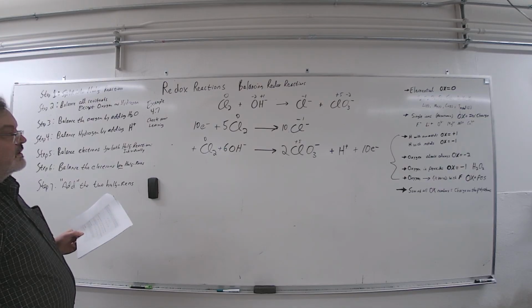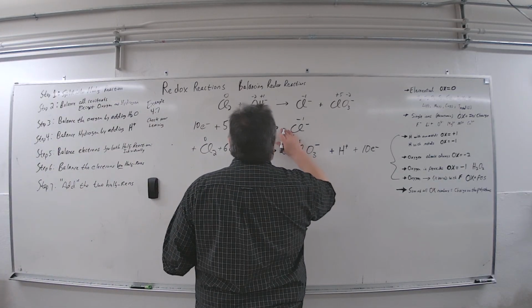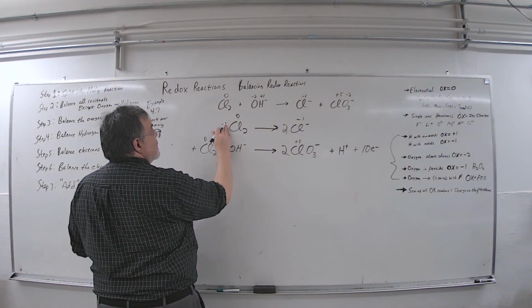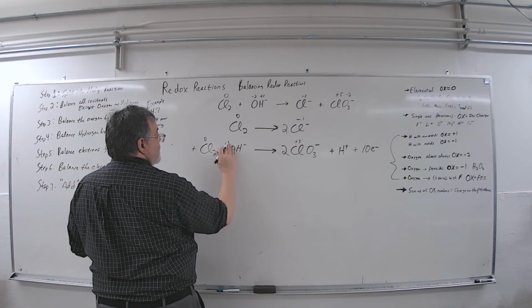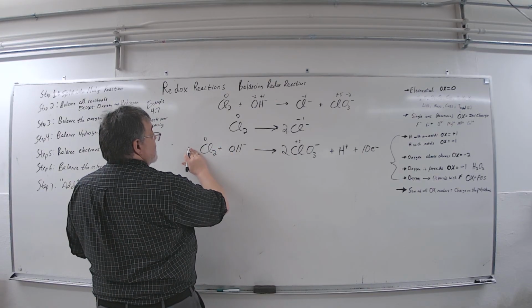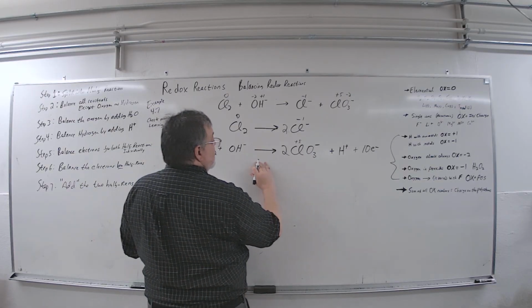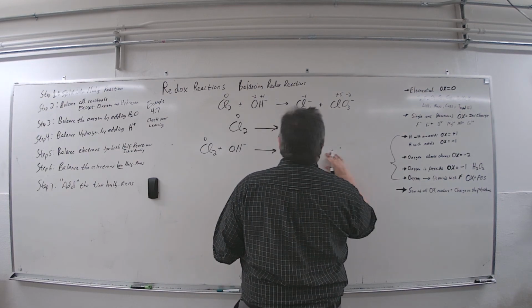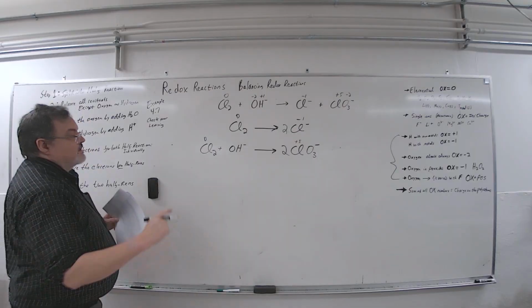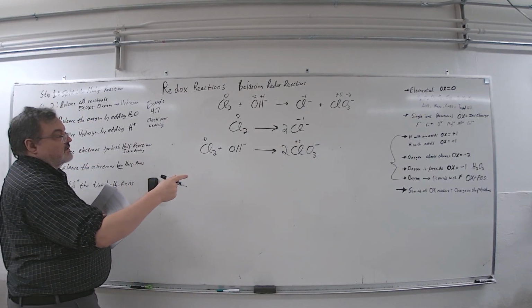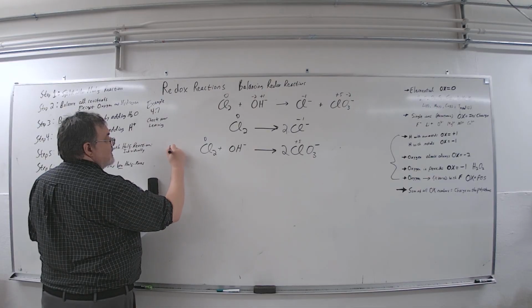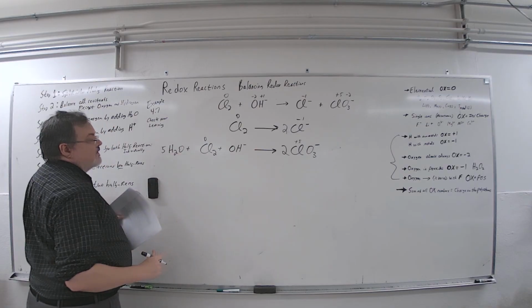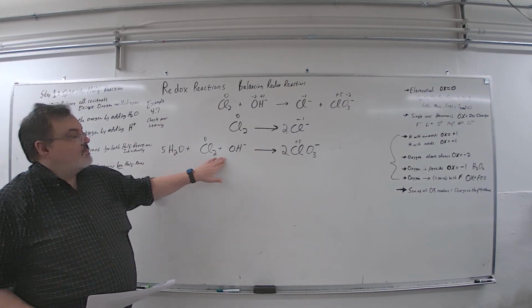OH minus to balance that. 6 oxygens. Okay. That balances the oxygens, right? 5 oxygens plus 1 more, that's 6, right?